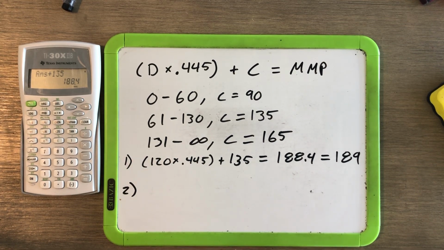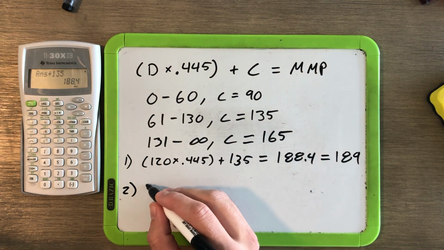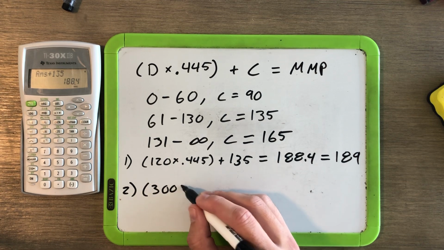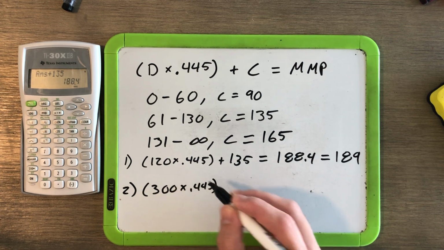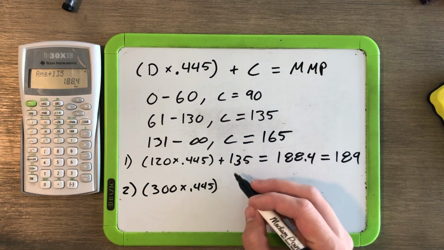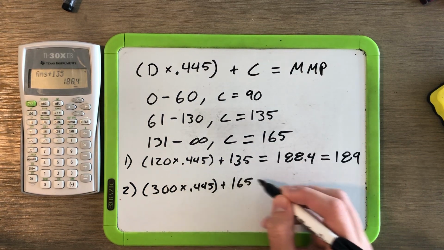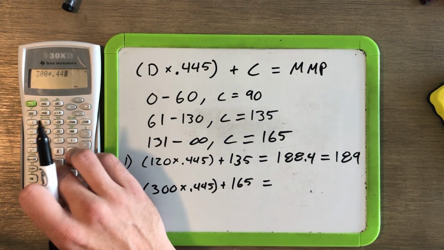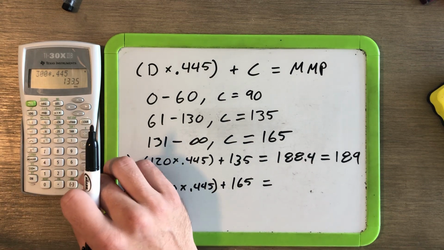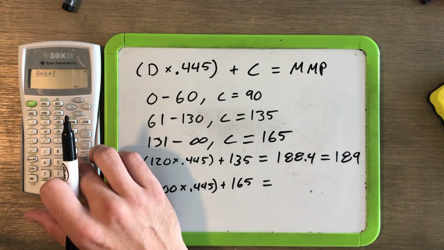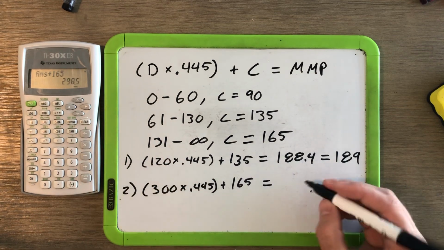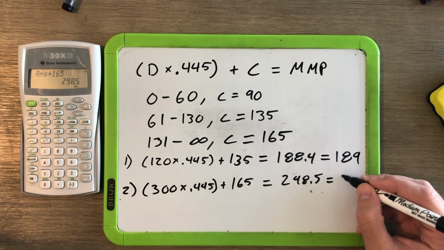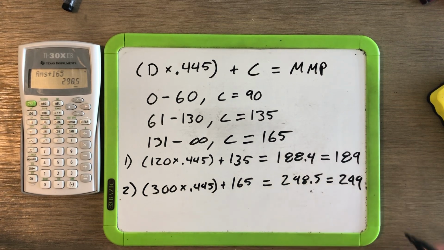So we'll just do 300 feet. 300 times 0.445 plus over here we have 165 is equal to 300 times 0.445 is equal to that plus 165 equals 298.5, which our final answer rounded up would be 299.